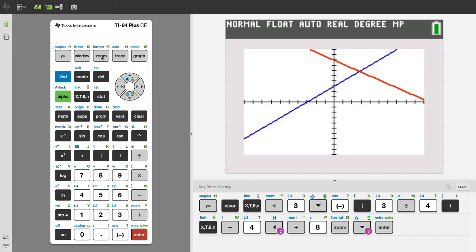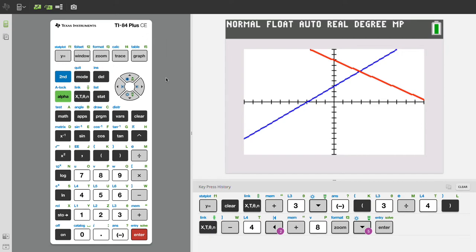All right. No, I want the question again. I want to type in these again. X plus 3 and negative 3/4 x plus 8. All right, folks. Those of you with good eyesight, squint and look above your trace button, which is way at the top.